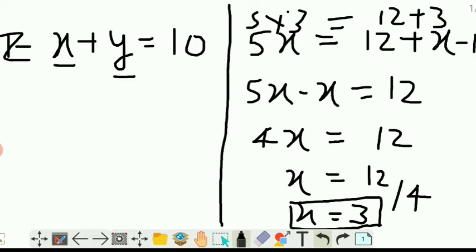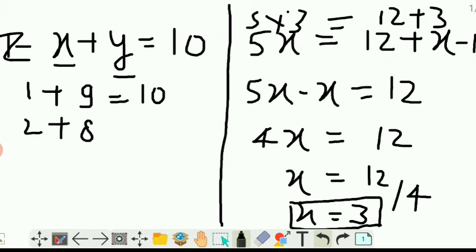How many conditions are possible? X having 1 and Y having 9, possible? Yes, total is 10. Also possible 2 plus 8: X having 2 oranges and Y having 8 oranges, so it is also 10.